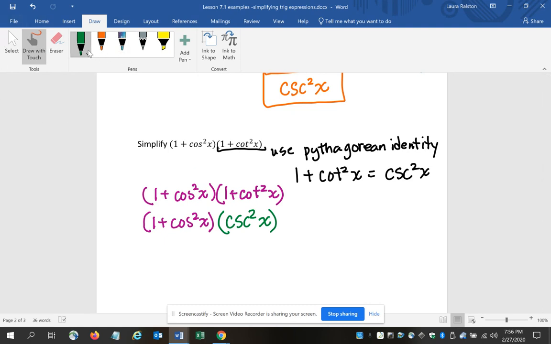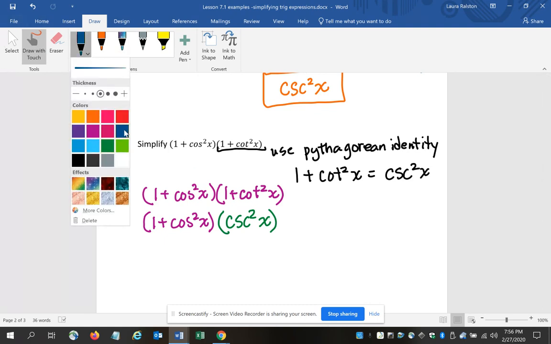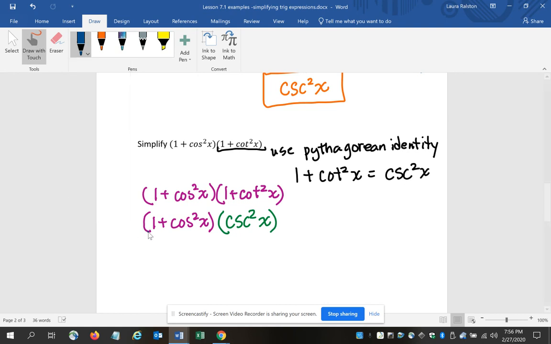Now, the other piece still makes me think of a Pythagorean identity, although it's not as obvious, because we have sine squared x plus cosine squared x equals 1. So I'm wondering, could I solve this particular expression for cosine squared?